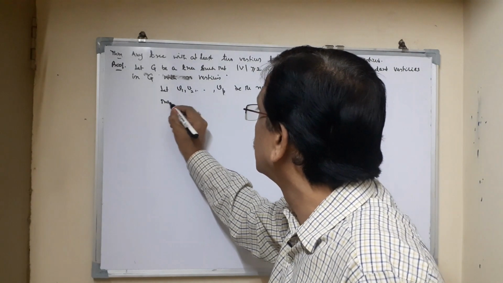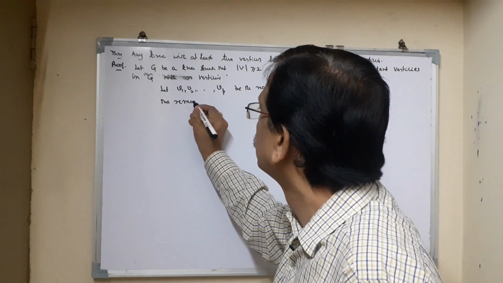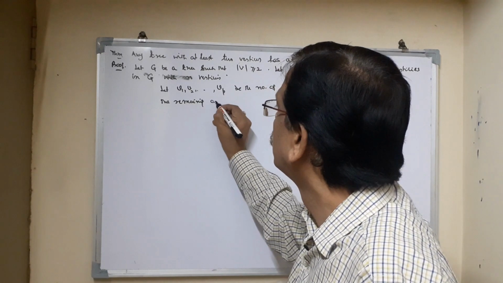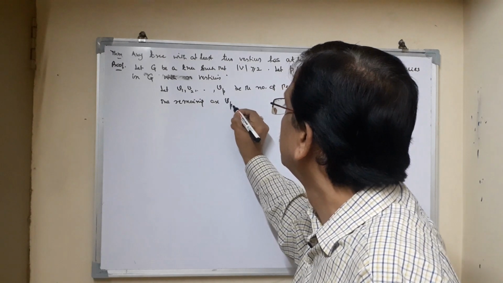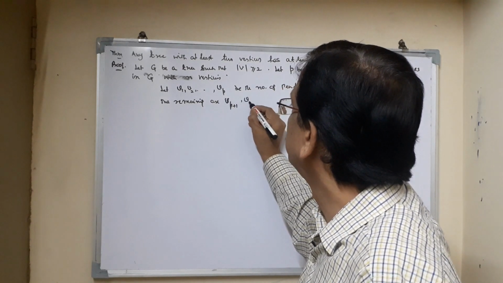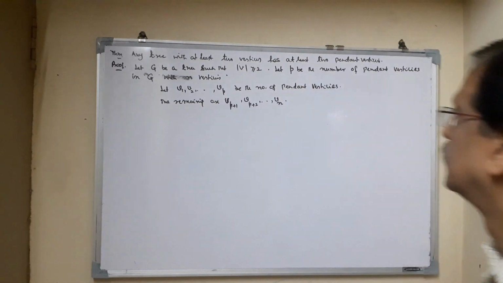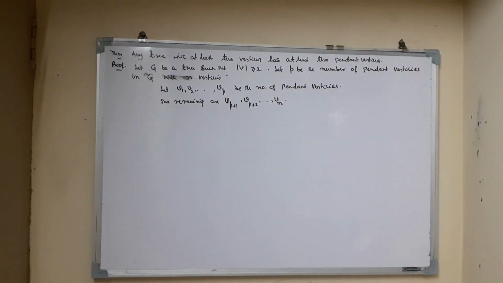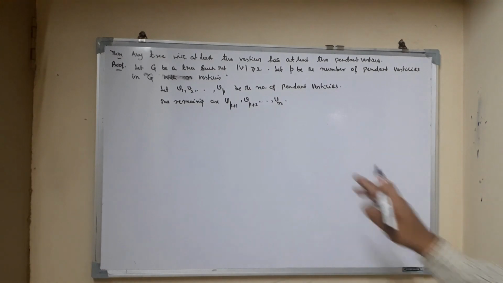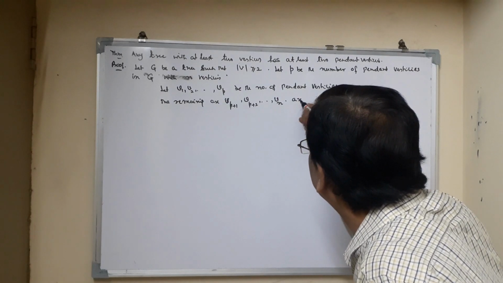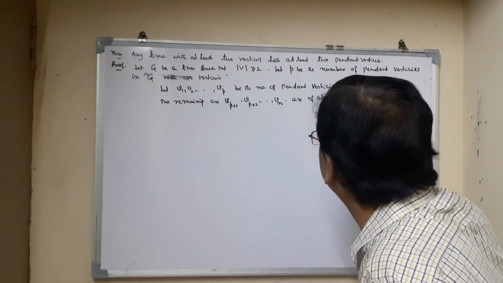The remaining are V suffix P plus 1, V suffix P plus 2, and so on up to Vn. These remaining vertices are of at least degree 2.